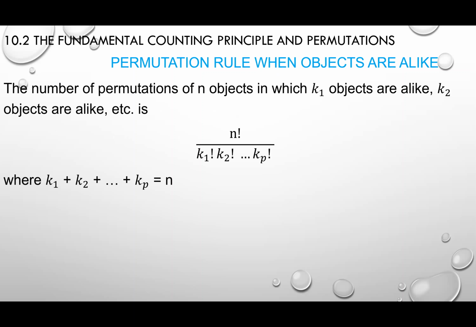If they tell you that we have some common or repeated items, and we want to arrange them in a distinguished order, what you need to do is take n factorial, divided by k1 factorial, k2 factorial, up to kp factorial, where each k is a group of common or repeated items. And by the end of today, you will see a problem with this distinguished item that we have.